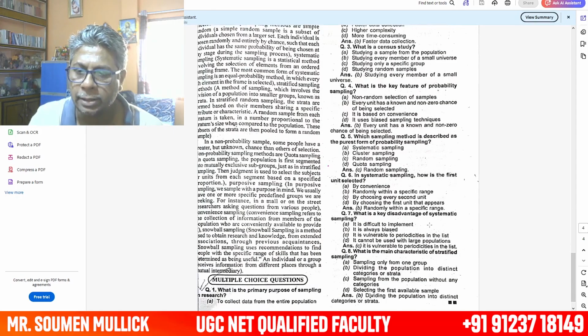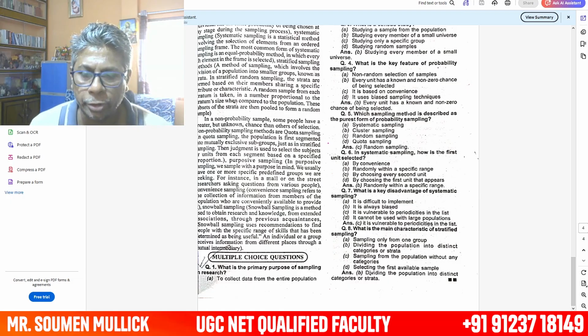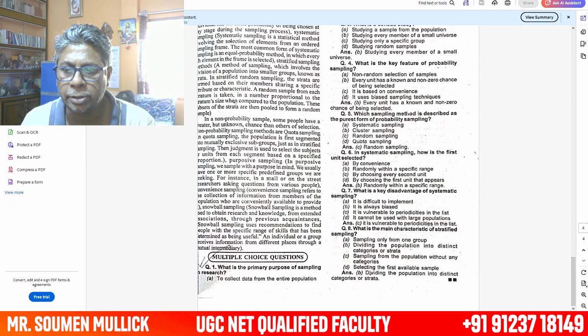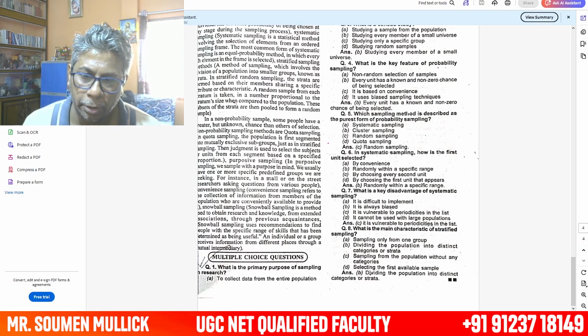In systematic sampling, how is the first unit selected? Randomly within a specific range. What is the key disadvantage of systematic sampling? It is vulnerable to periodicities in the list.